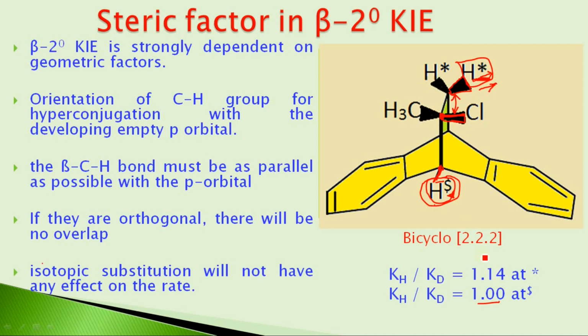That's why two different beta carbon atoms show two different beta secondary KIE depending on the steric factors. So dear students, this is all about beta secondary kinetic isotope effect.